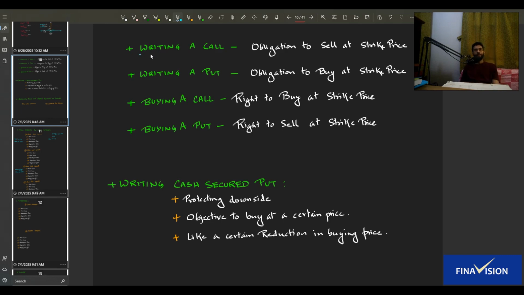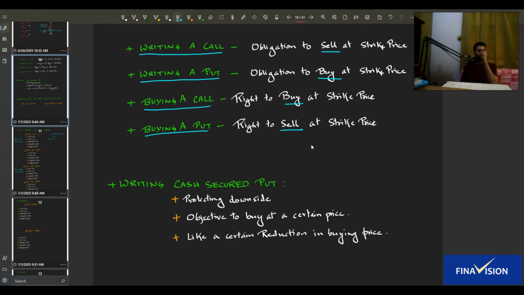Now, writing a call is basically an obligation to sell. Writing a put is an obligation to buy, right? On the other hand, buying a call and buying a put are not obligations, they are just rights. Buying a call is the right to buy at the strike price. Buying a put is the right to sell at the strike price.